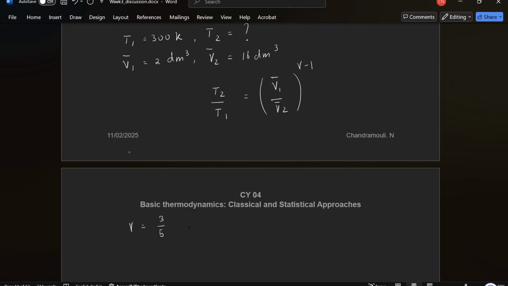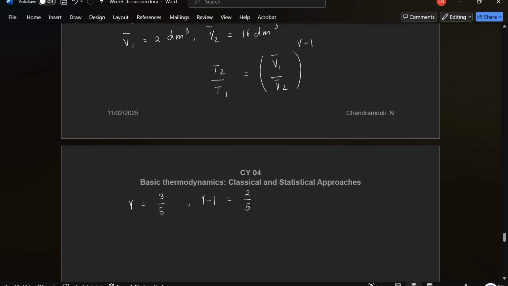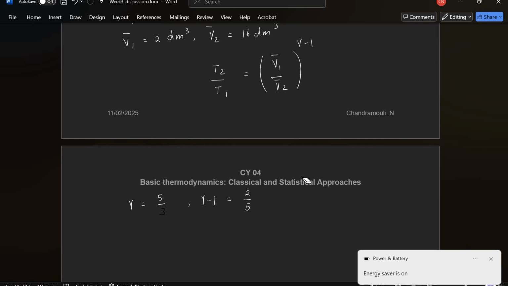Which means gamma minus 1 is going to be equal to 2 by 5. Sorry, did I do it wrongly? Yeah, 5 by 3, sorry. Gamma is 5 by 3, so gamma minus 1 is going to be equal to 2 by 3.